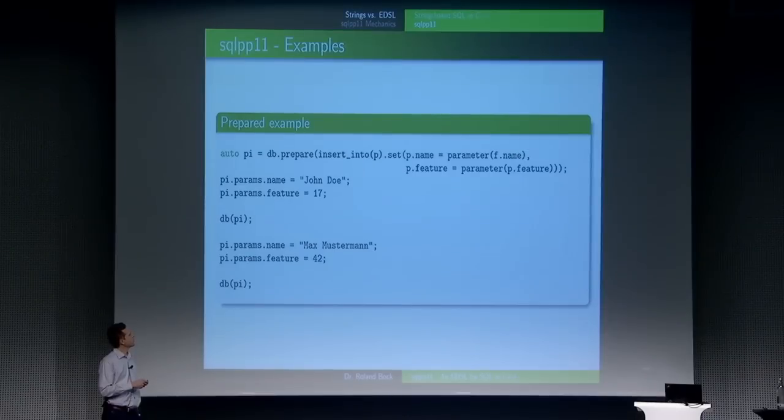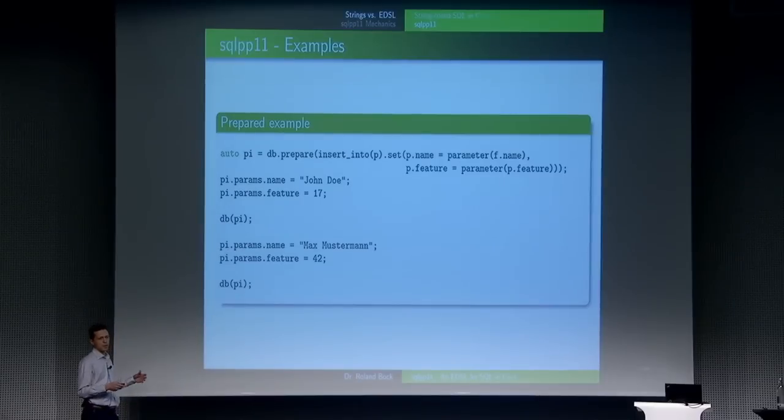We use the name and feature columns, which just happen to have the right names and types. And then this prepared statement that we just created, this PI here, has a member object called params. And that again has objects of the correct name and type, so that, for instance, if we tried to assign an integer to this name, the compiler again would say, no, this is wrong.